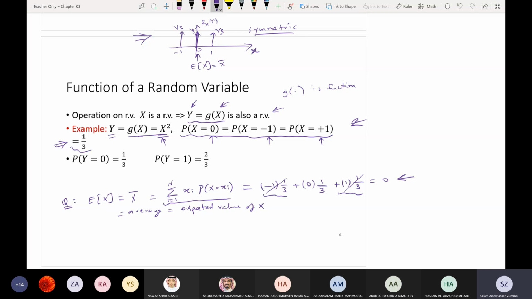I simply go to every value of x and see what is the value of y. X can take -1, 0, and 1. And I calculate y, and I calculate the probability.